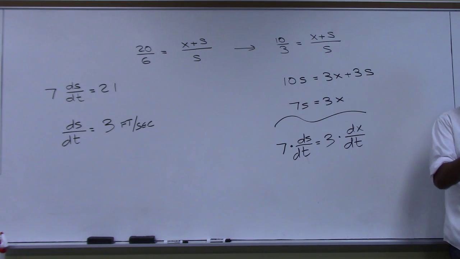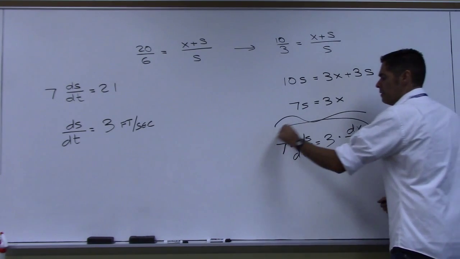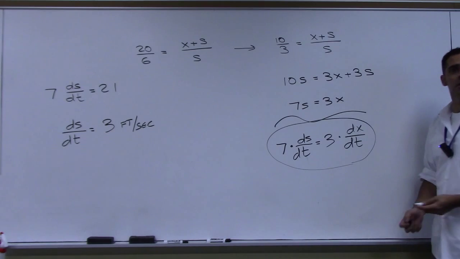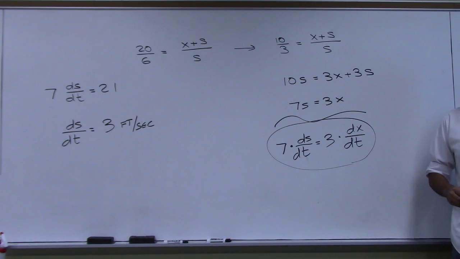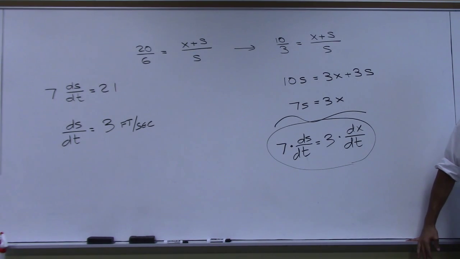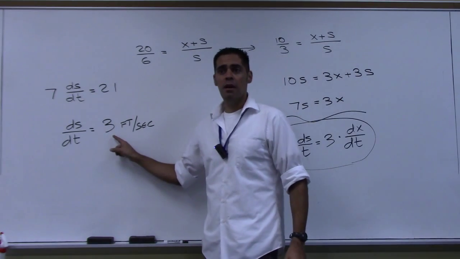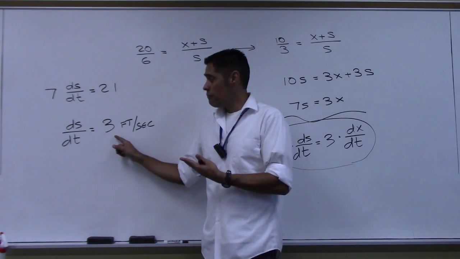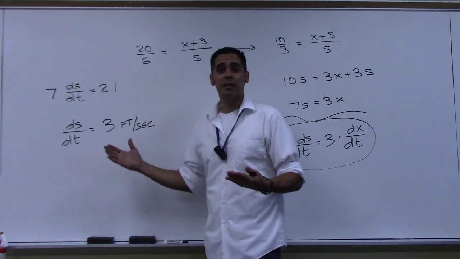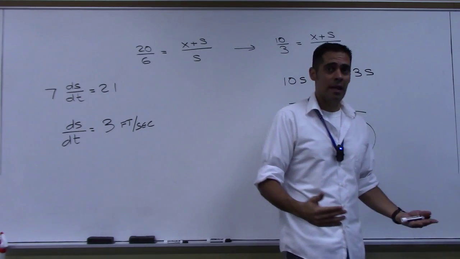We have not used the instant in time, the 12, have I? x is 12. And that's because in my derivative, did x ever appear? No. What does that mean? It's irrelevant. It's independent. In other words, the speed of the shadow is 3 feet per second regardless of where the man is.